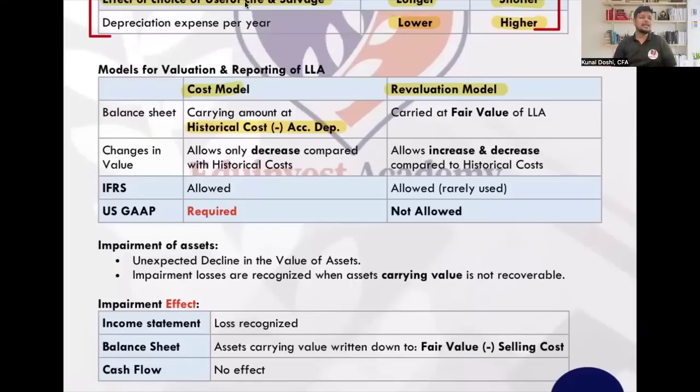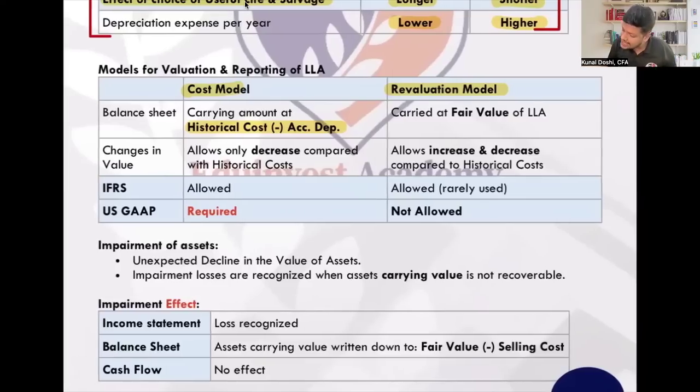So do you think under the cost model, the asset value will always go down year on year or it can also go up? Well, under the cost model, it will always go down because accumulated depreciation will keep on increasing, right?